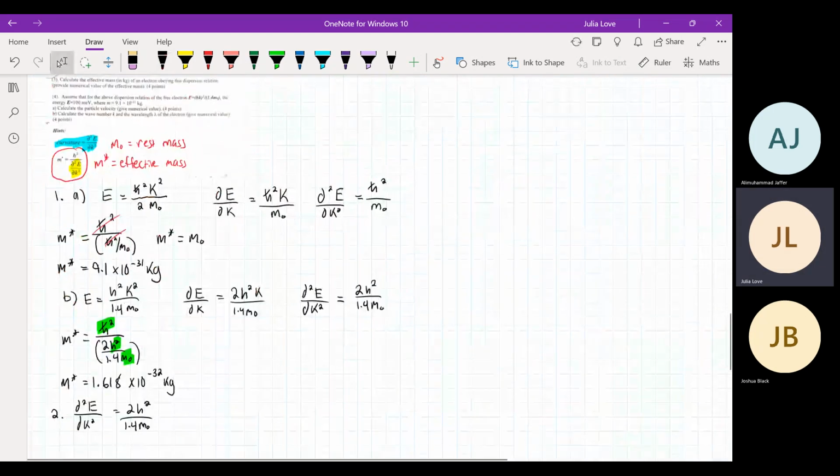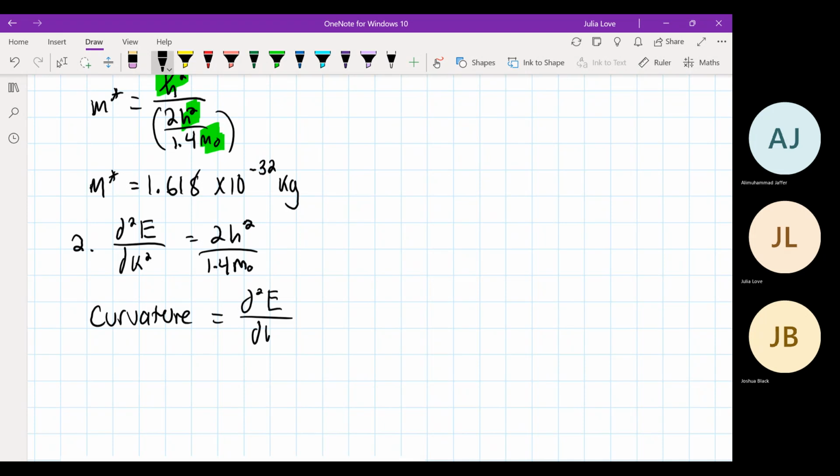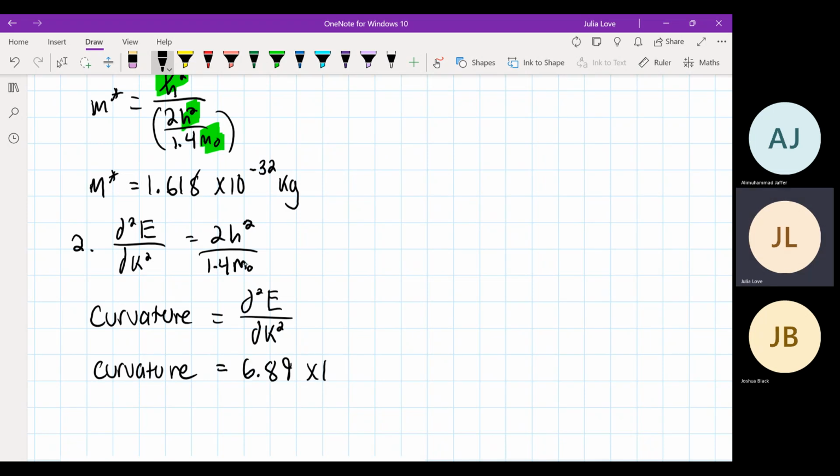And this curvature is simply equal to that second derivative of its energy. And plugging those numbers in again, we get 6.89 times 10 to the minus 37 joules squared second squared per kilogram.